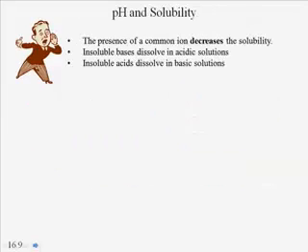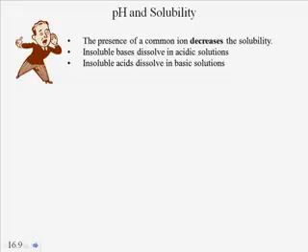Now, pH and solubility. There are some salts that are sensitive to pH. In other words, changing the pH, they either have a common ion, or they will react with the acid or the base.